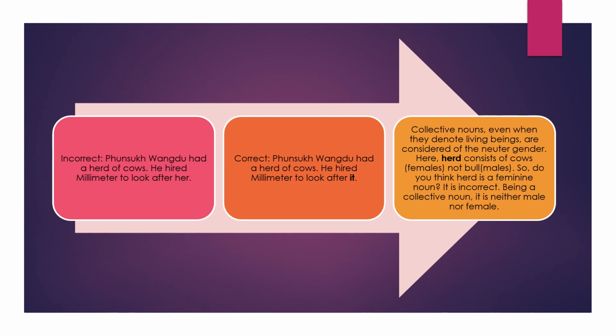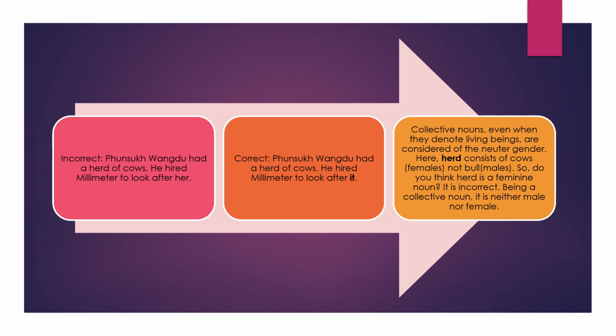Therefore, considering the collective noun herd as neuter gender, we'll put a neuter gender word, which is "it". So: Funsuk Wangdu had a herd of cows. He hired Millimeter to look after it.